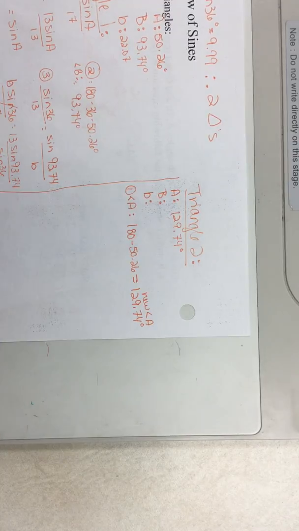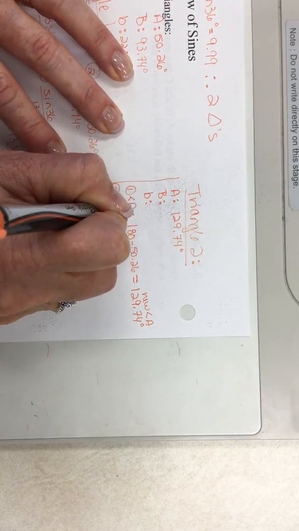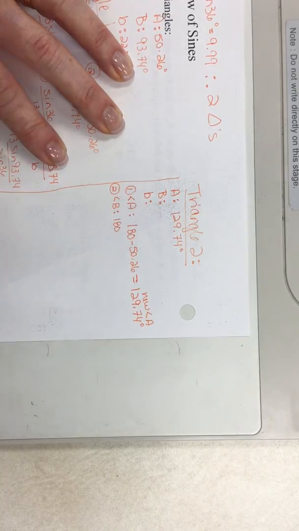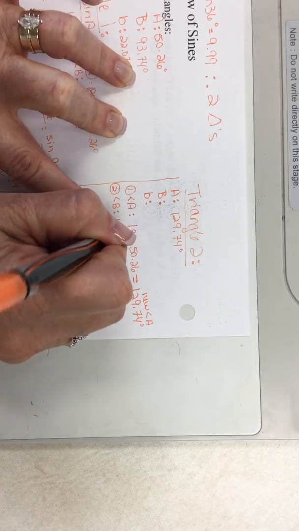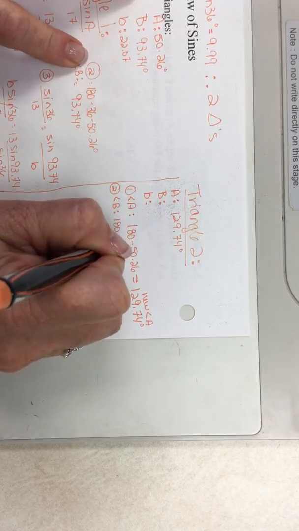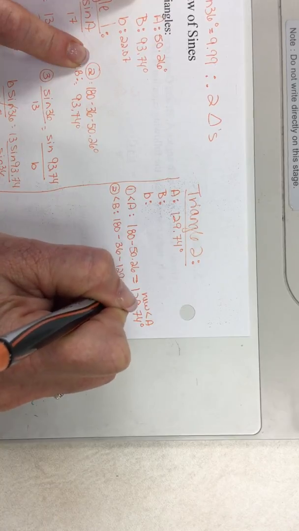Okay, so 180 minus whatever it was that we found for angle A, because I'm going from acute to an obtuse angle. Now, to find the new angle B, I'm doing exactly like what I did before. To find angle B, I'm taking 180 for a different reason. I'm taking 180 minus angle C that was given minus angle A that I just found.